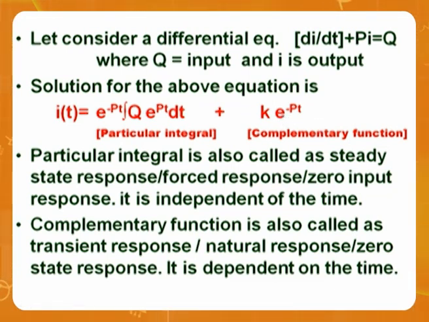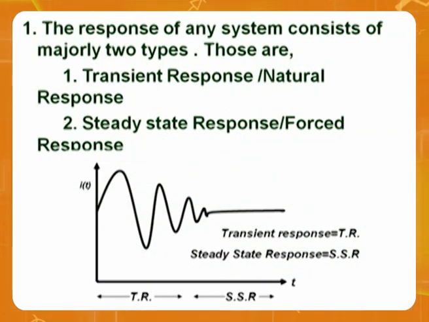To give an example, I am going to show from a graph. Look at this graph. Suppose this is the response. The first part is called transient response. The second part is called steady state response. You see that? This is all depending on time. In fact, when you say the switch is on, most current should flow.